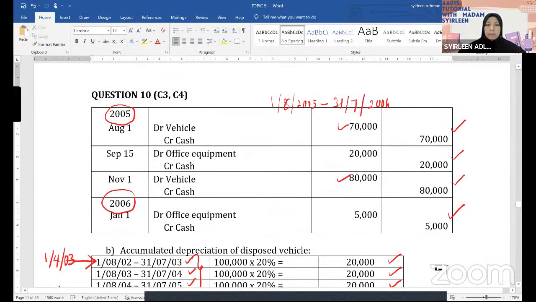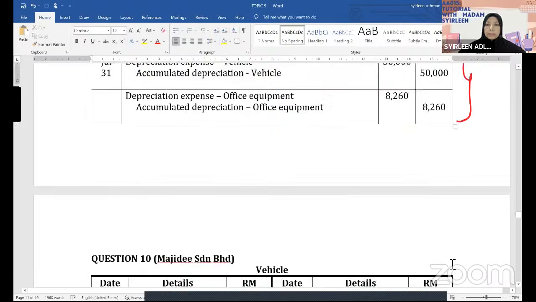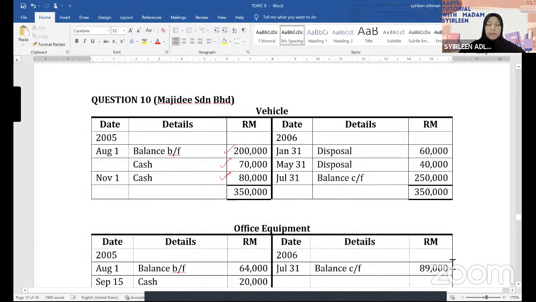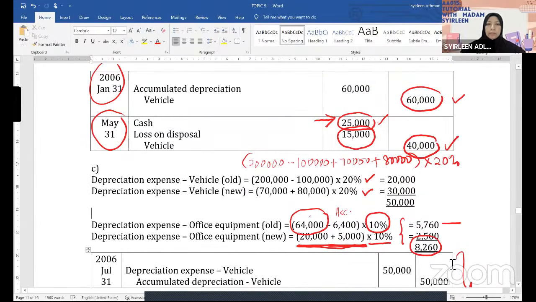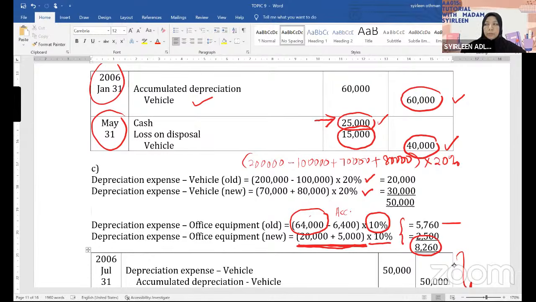Okay, lepas tu kita catat yang lain. Okay, and then you ada disposal tadi. Okay, so disposal for the vehicle is this one. So you ada credit 60,000 untuk vehicles, and then you ada another credit on 31st of May for vehicle as well.